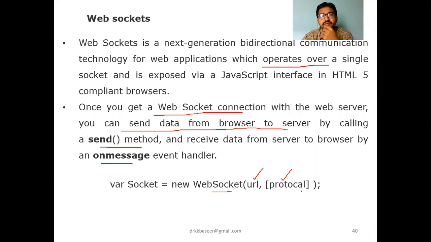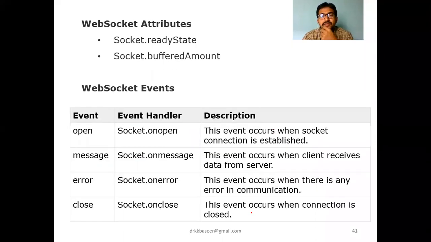Protocol is the optional one, whereas URL is mandatory. Right. Now, if you observe carefully, the attributes of this WebSocket are: first is socket.readyState, initially, like the lifecycle of an operating system. Now, one more attribute, socket.bufferedAmount.